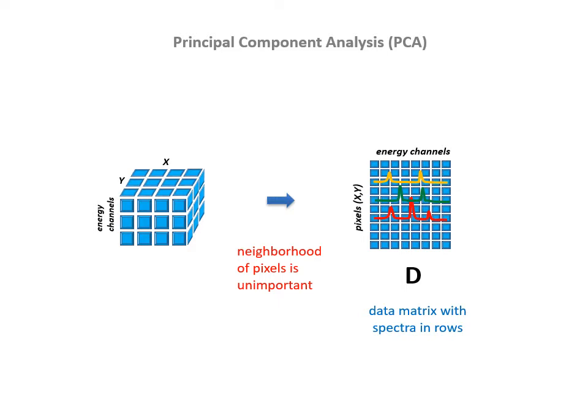Originally our data can be in different forms. It could be a data cube like shown, or a line scan or a more complicated configuration. Doesn't matter. It's always possible to recast it into the matrix form because the actual neighborhood among pixels is unimportant.